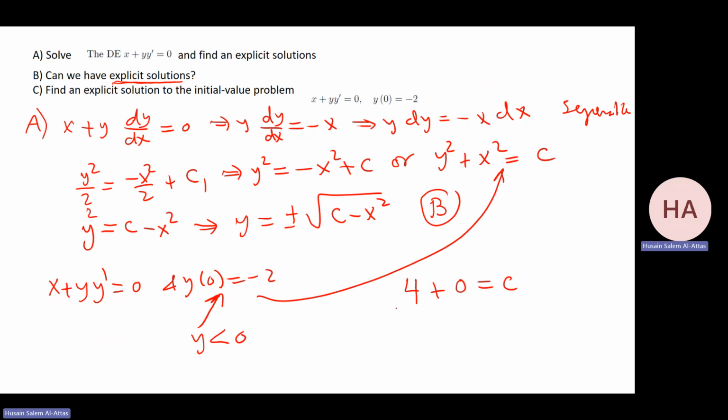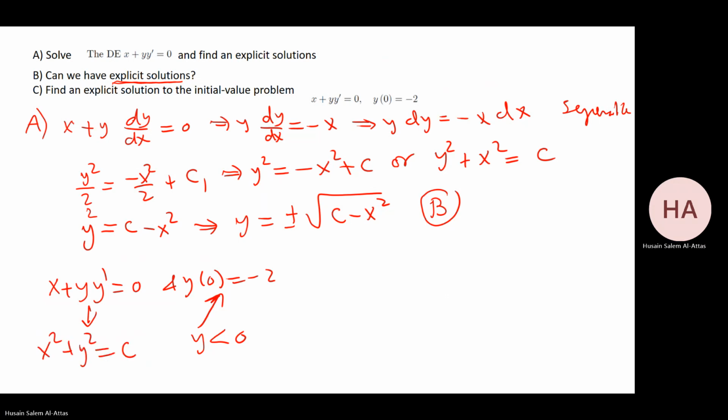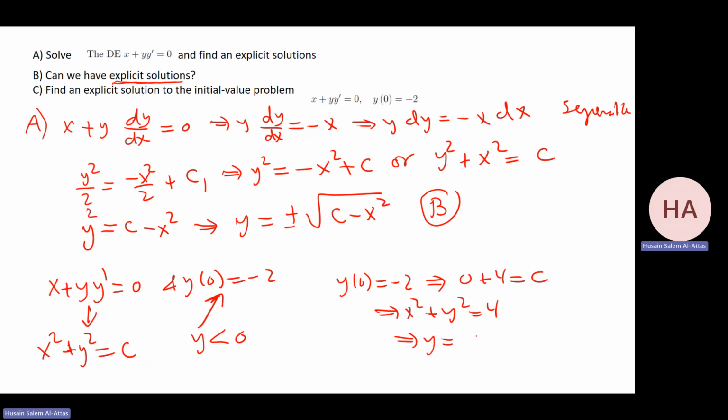So c equals 4. Now use y(0) equals minus 2. You get 0 plus 4 equals c. So you are getting x squared plus y squared equals 4. So that means y will be plus or minus the square root of 4 minus x squared. But y here is negative. So it means my solution is minus the square root of 4 minus x squared. The plus, no need for it, because y is negative. So this is my answer.